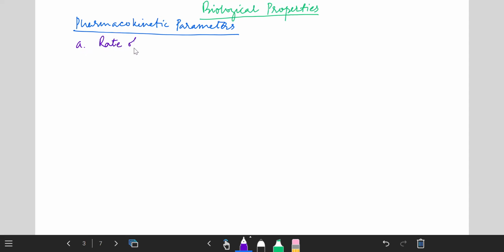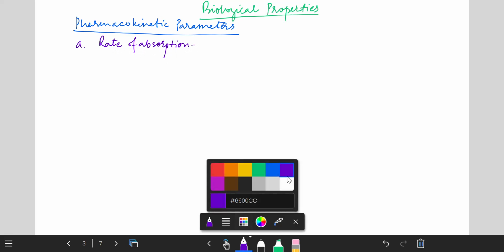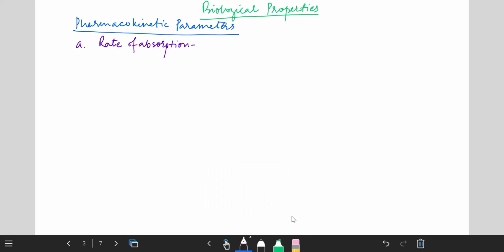If a drug releases faster, then it will be available for faster dissolution, obviously showing faster absorption. So the faster the rate of release, the faster the dissolution, which leads to faster absorption.